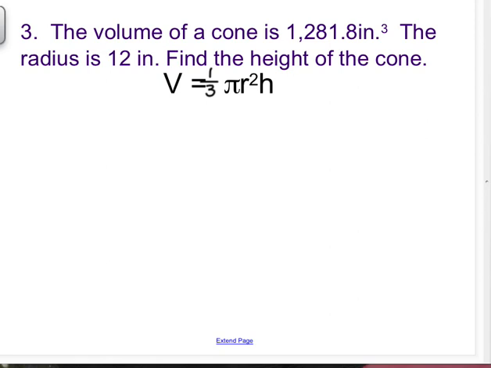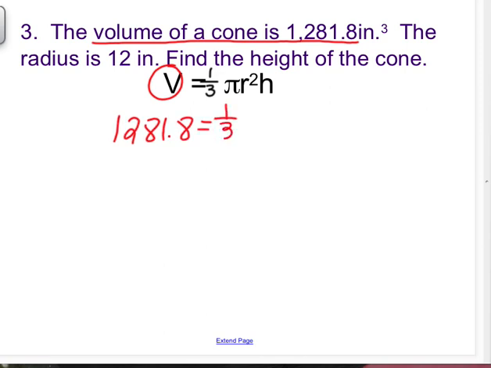Let's plug in our values. So it says that the volume is 1281.8. That goes in that spot. Equals. I've got my 1/3. I've got my pi. Radius. Oh yes, the radius is 12, which I have to square, times the height, and that's the one I don't know.